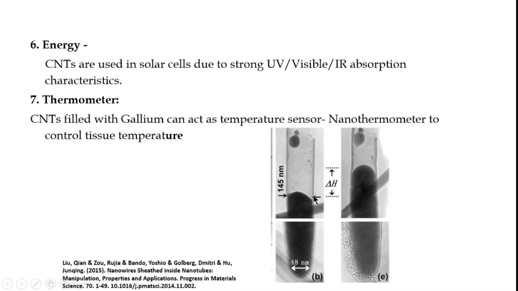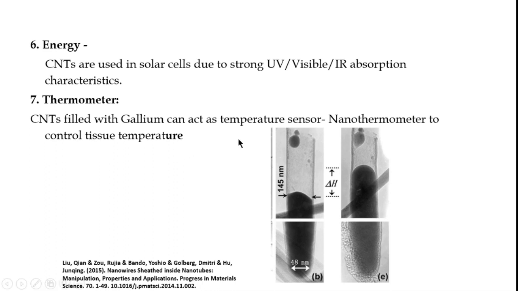So you can see there is a rise in the height of the gallium column. Here gallium metal is inserted in the carbon nanotube, and as temperature increases the size of gallium increases. So the height of this gallium column increases and thus we can sense the temperature, we can detect the temperature of the surroundings.